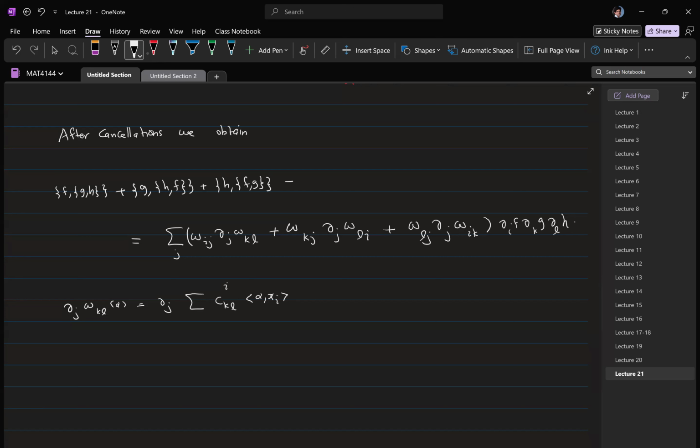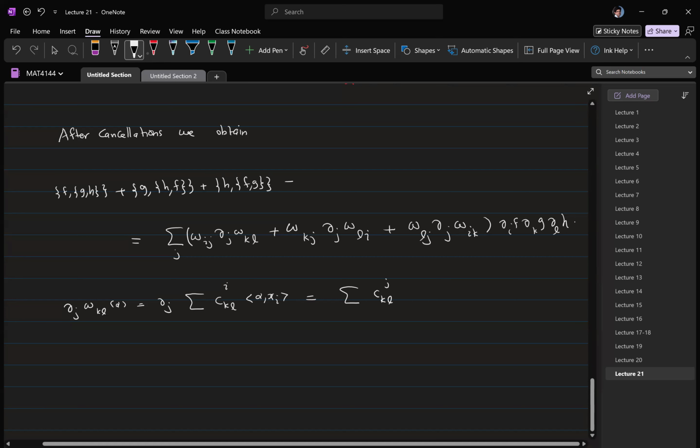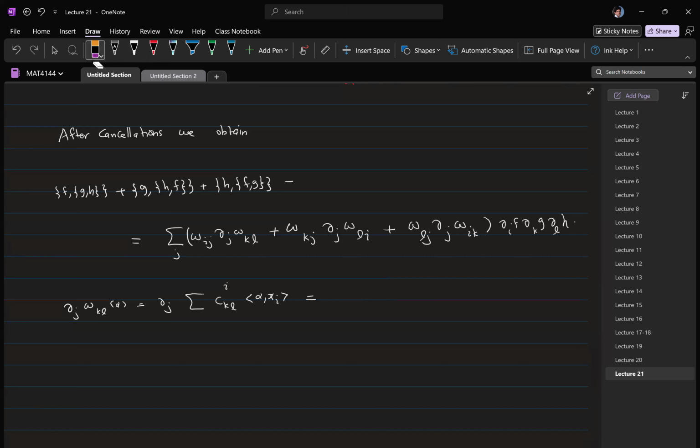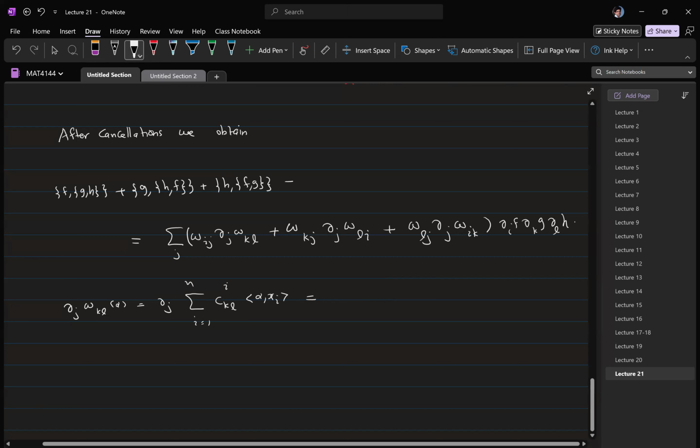So when you do this differentiation, you end up with CKLJ. There's only one term that survives.